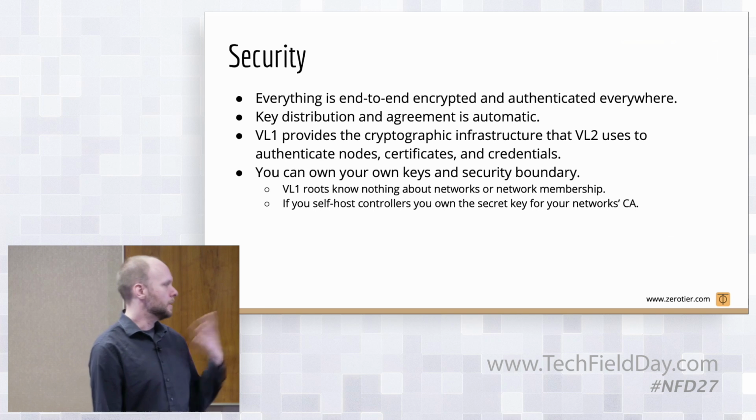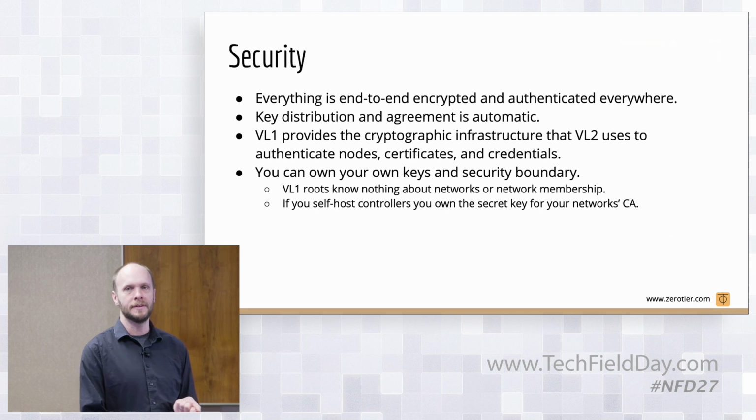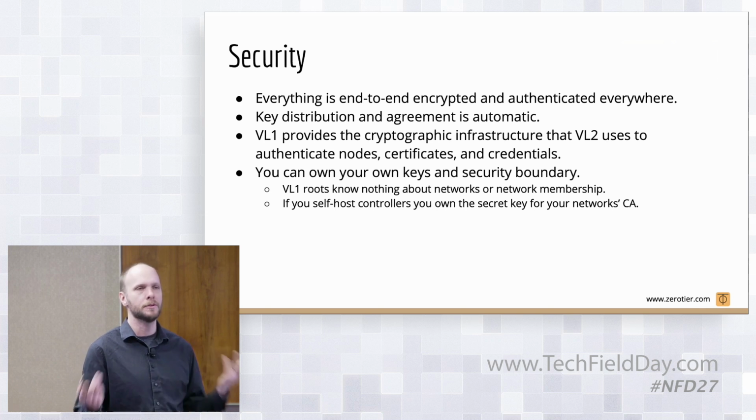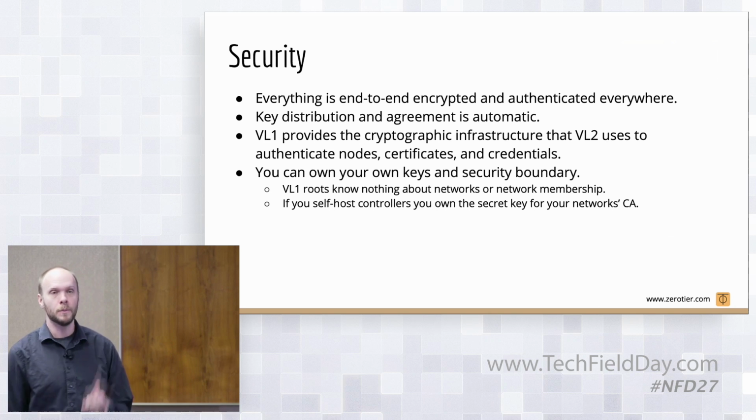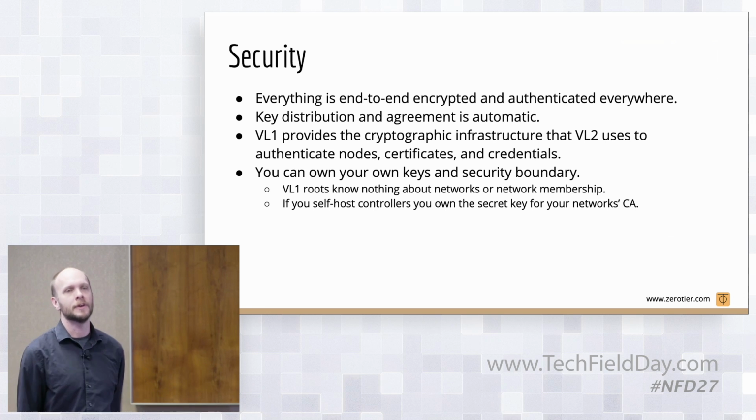What you can do with ZeroTier is, if you want, you can self-host the network controllers that are the CA for your VL2 network. It's not that hard to do. And if you really want to go further, you can do federated instances of roots or air-gapped systems. So you can own your security boundary and your keys. And what's cool too is when you do that, you don't lose compatibility with the rest of the network.